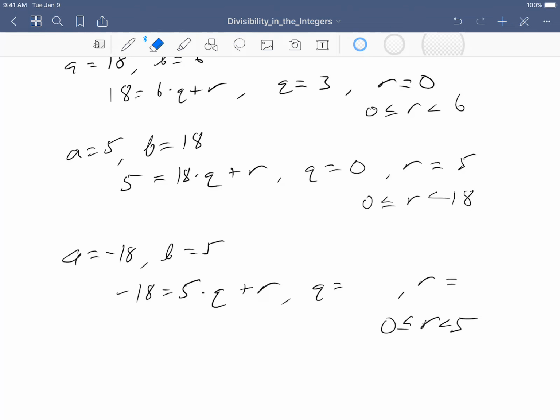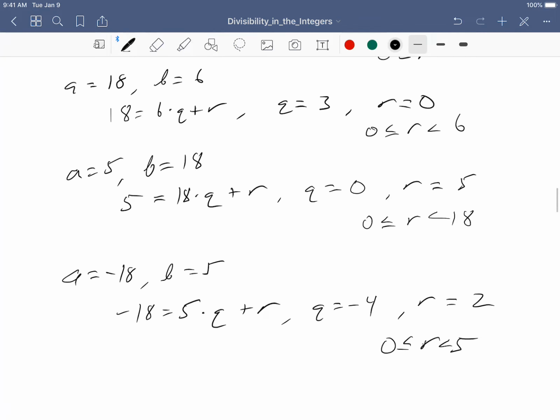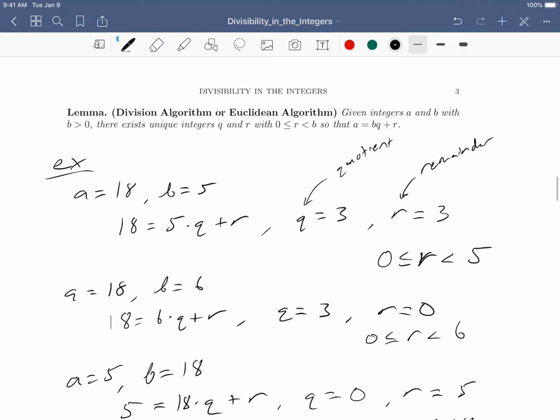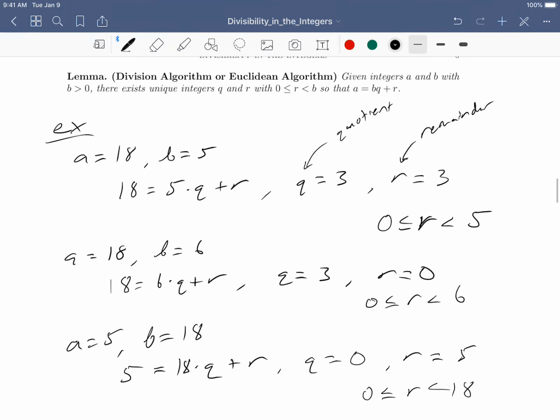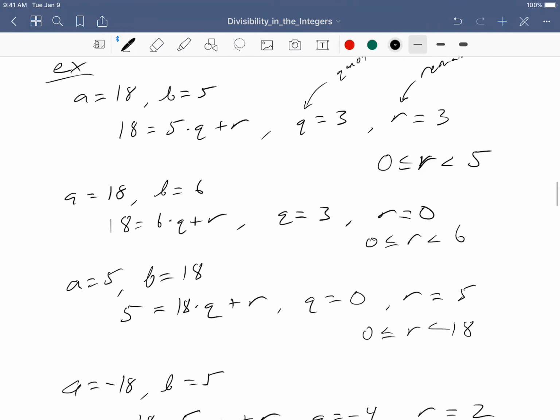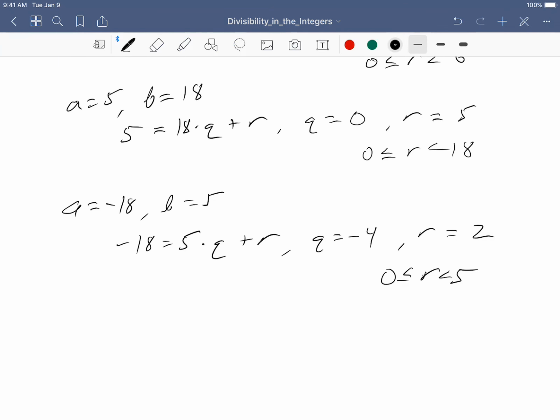What we have to do instead is overshoot the 18. We need q to be negative 4. That gives us 5 times negative 4 is negative 20, and now I get to add 2, and so my remainder is 2. This feels a little bit strange, but in order to satisfy that remainder r being between 0 and b, we have to overshoot with that negative 4 for q and use r equals 2.